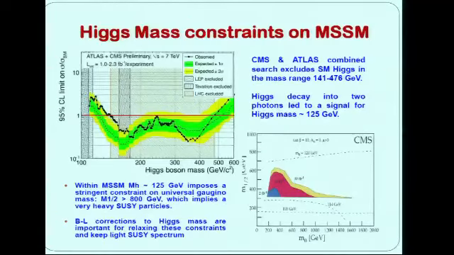And in fact, we heard this week that the Higgs mass, which is of order 125 GeV, is somehow rather high for the MSSM, and it could put severe constraints on the parameter space of the MSSM.